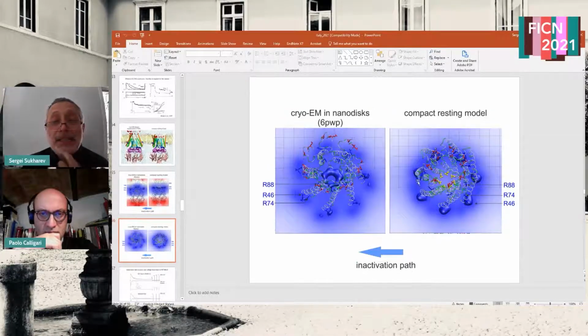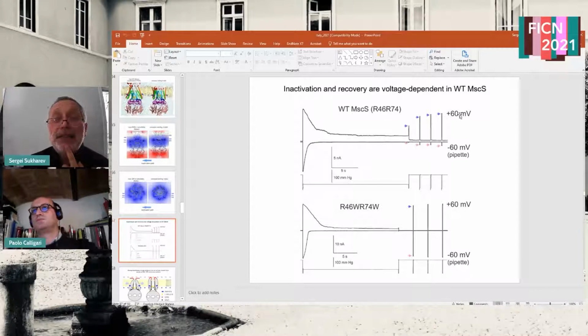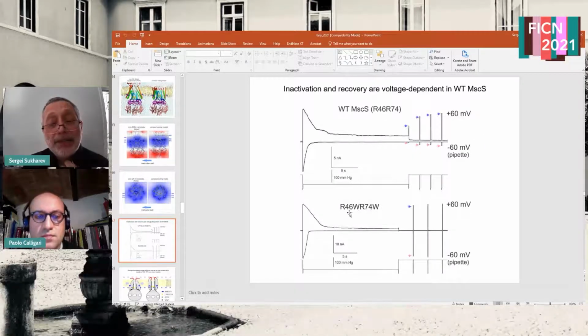And this is the display of these anchoring arginines around the pore during inactivation. What we see here is that the inactivation rate, with wild-type MscS, is dependent on voltage, as well as the recovery rate is dependent on voltage. But this doesn't happen with tryptophans instead of these arginines.